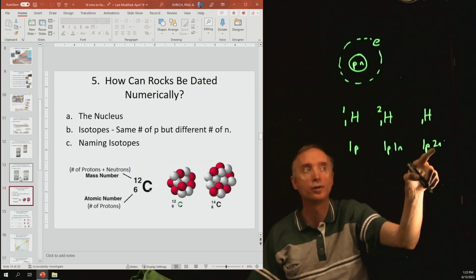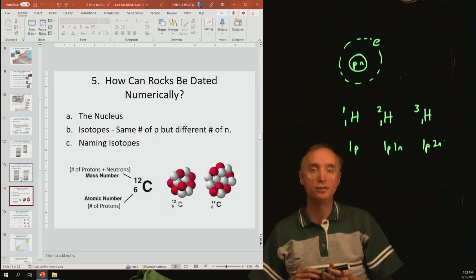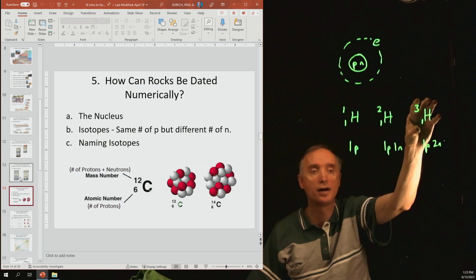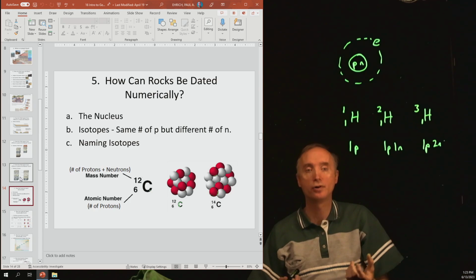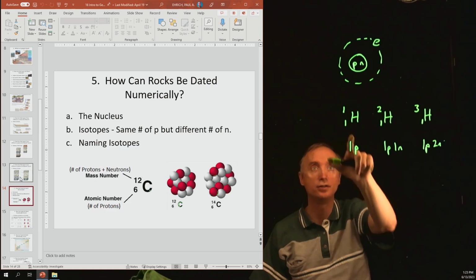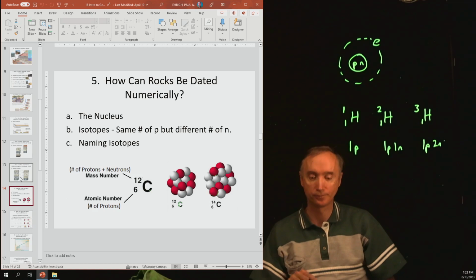And then 1 plus 2 is 3. I'd like you to be able to read the isotope and tell me how many protons and neutrons it has. Or if I tell you how many protons and neutrons it has, you should be able to write the symbol that goes with it.